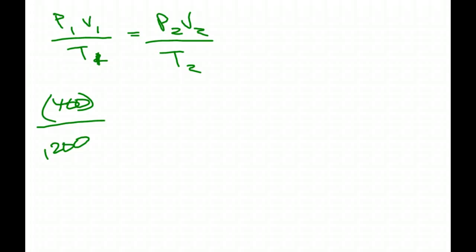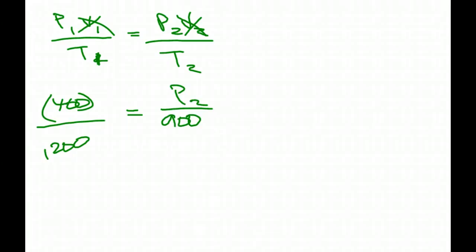If it says the volume or anything was held constant, you don't have to put it up there. You leave the volume out because if it's constant, it's the same in both parts of the equation. What was the pressure if the temperature was 900? So now you're just cross multiplying without having to multiply times the volume at all.